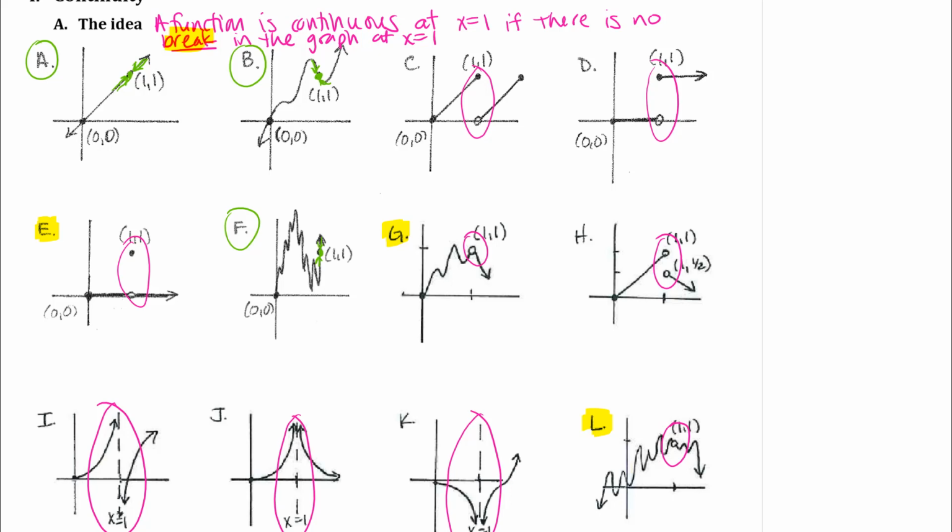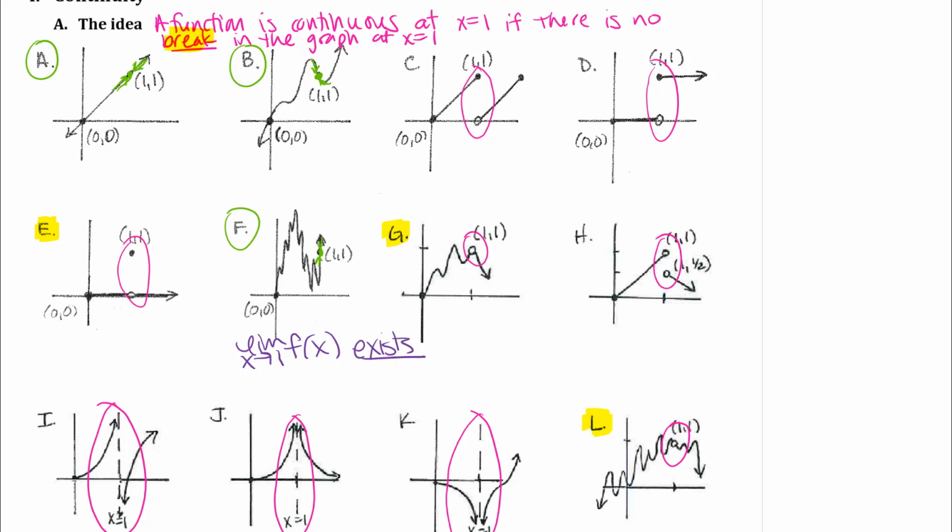Okay, so if you thought about that, one thing you should notice about those three that I said are removable discontinuities is that in all three of those, unlike the other ones that are discontinuous at x equals 1, the limit as x approaches 1 of those functions does actually exist.